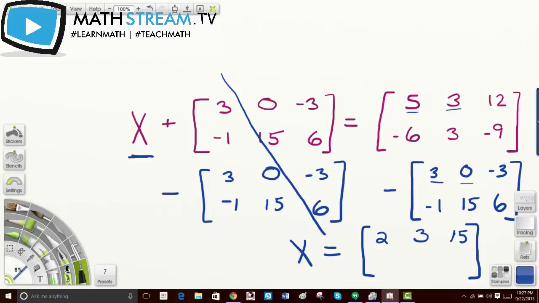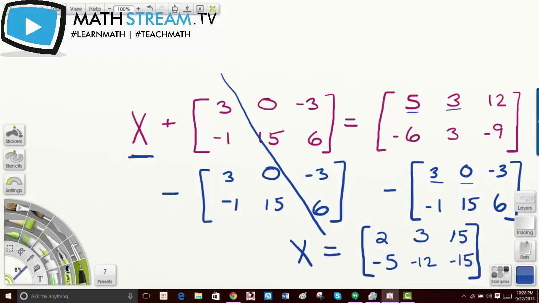Again, minus a minus is a plus, so it's negative 6 plus 1, which is negative 5. Row 2, column 2, so 2, 2 is 3 minus 15, which gives us negative 12. And lastly, we have negative 9 minus 6, which gives us negative 15.